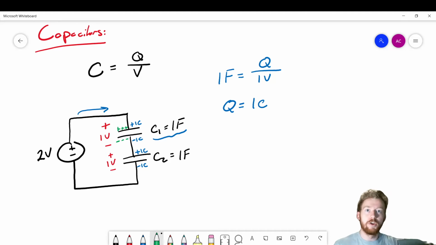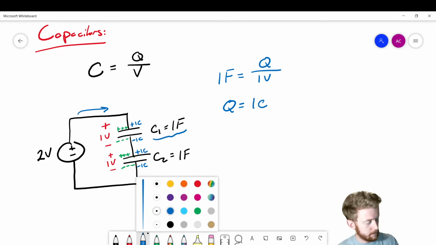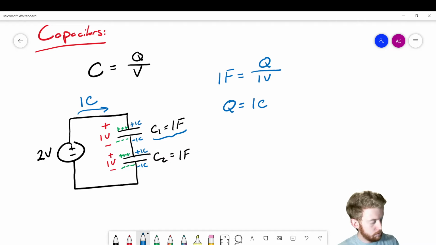Okay, but that 1 coulomb of charge from the bottom plate has to go somewhere, so the only place it can go is to this next plate, which again repels that same charge. So if we put 1 coulomb on the top plate, it's going to repel 1 coulomb and send that to the bottom capacitor. Okay, so the total amount of charge that the source is supplying is just 1 coulomb.